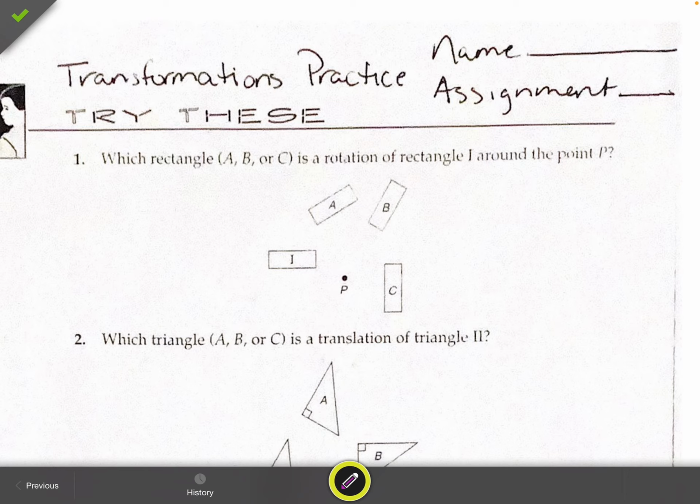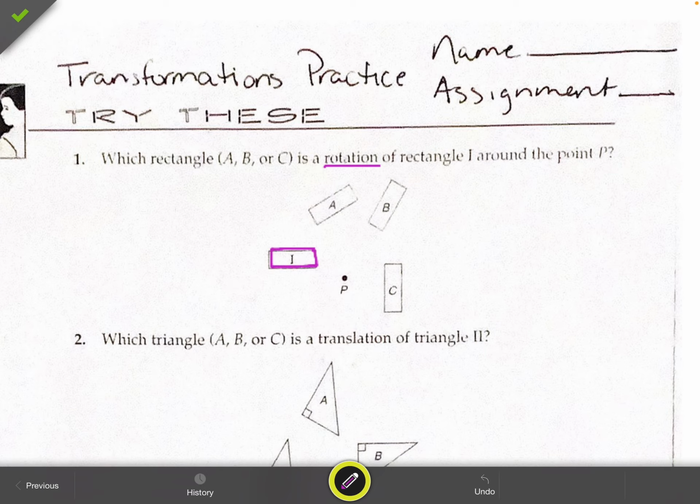Which rectangle, A, B, or C, is a rotation? Okay, so that's important because they're telling us what transformation we need to be thinking about, of rectangle 1 around point P. Okay, so rectangle 1 is this right here.